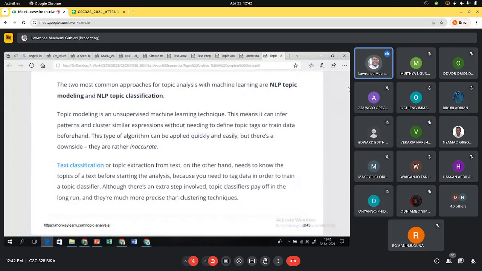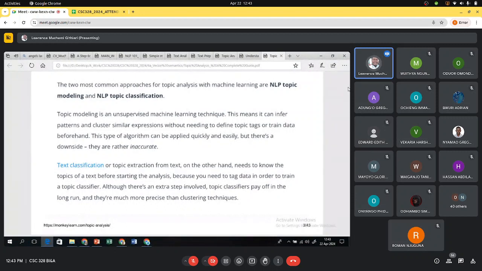This means that it can infer patterns and cluster similar expressions without a need for defined topic tags or training data beforehand. This type of algorithm can be applied quickly and easily, but there is a downside: it is rather inaccurate.